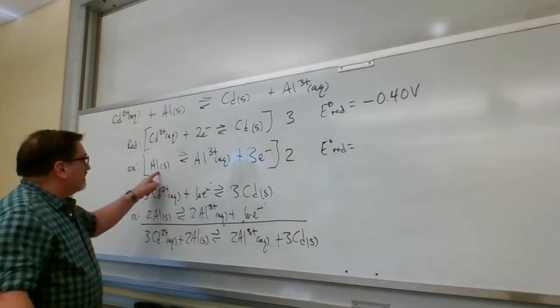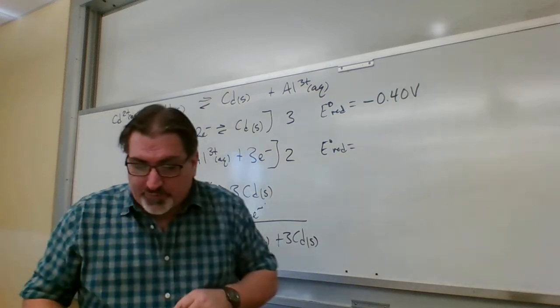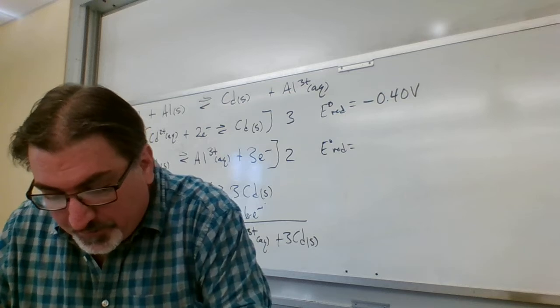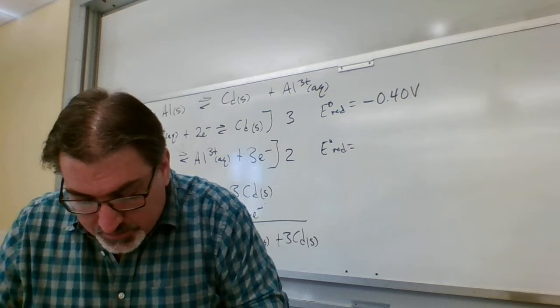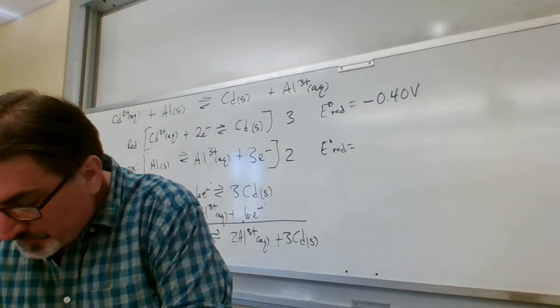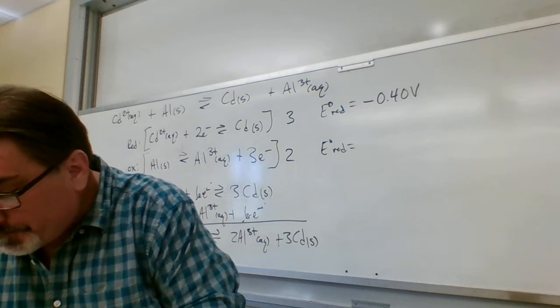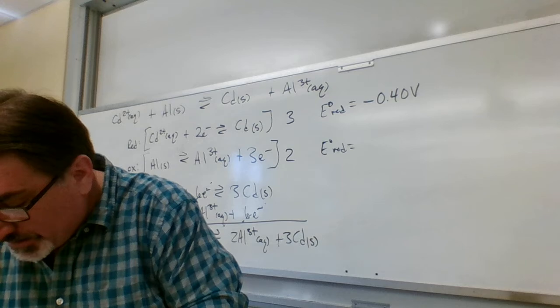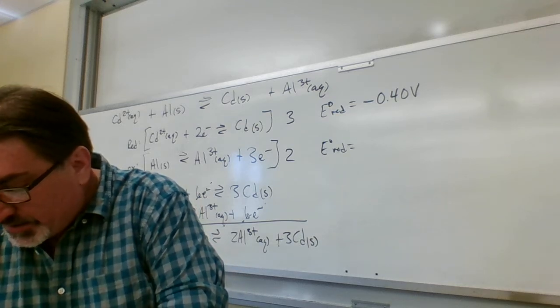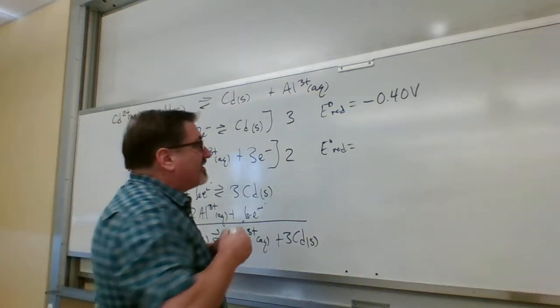Now we look up the reduction potential for Al3+. So we find Al3+ plus 3 electrons. Scroll through the table. And they're easy to miss. Keep on looking. Okay, Al3+ plus 3 electrons moves to Al solid at minus 1.66 volts.